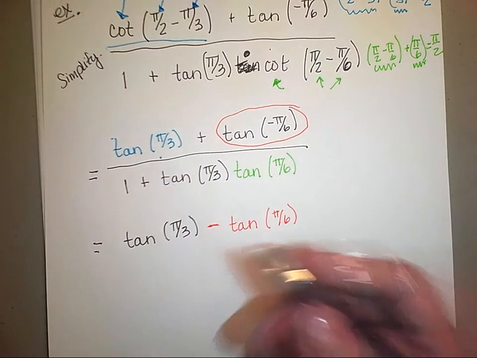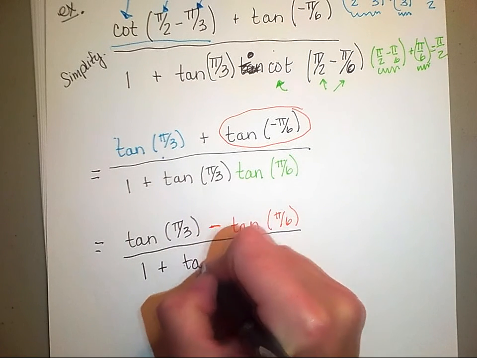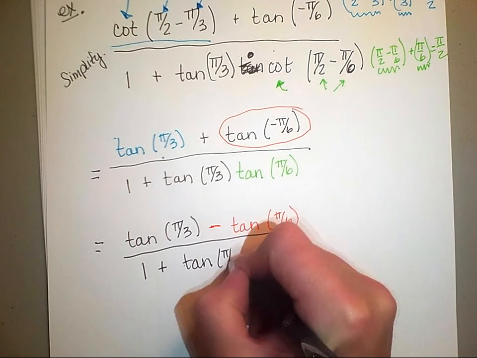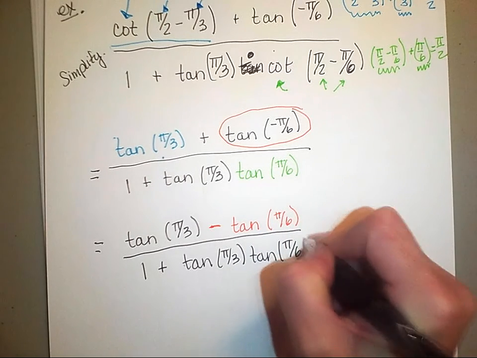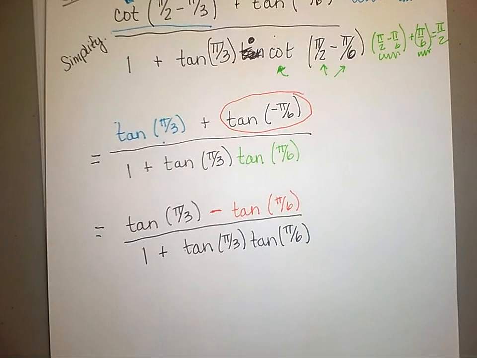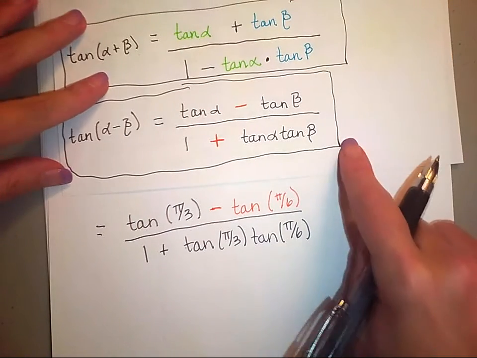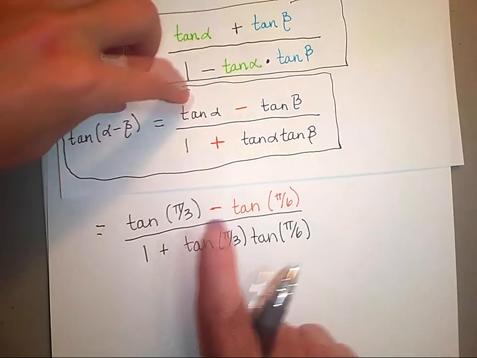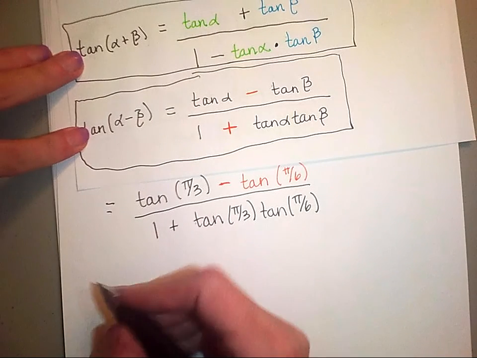The positive and negative become negative, and then it's over 1 plus the tangent of pi over 3 times the tangent of pi over 6. And now I can look back and compare, and this is the formula for minus.